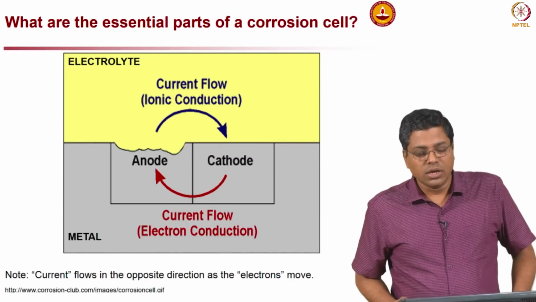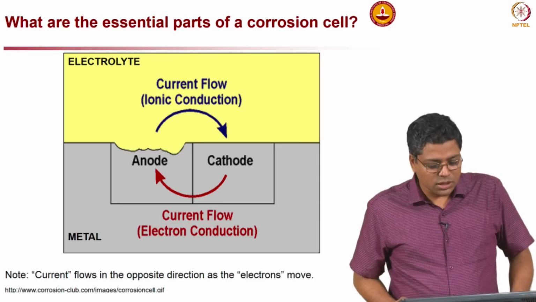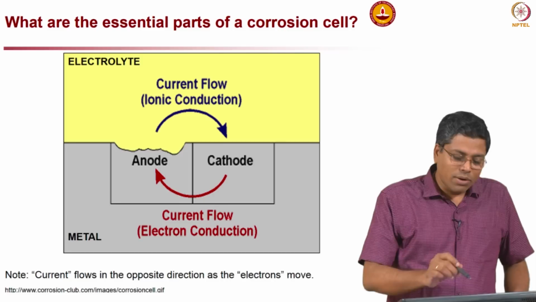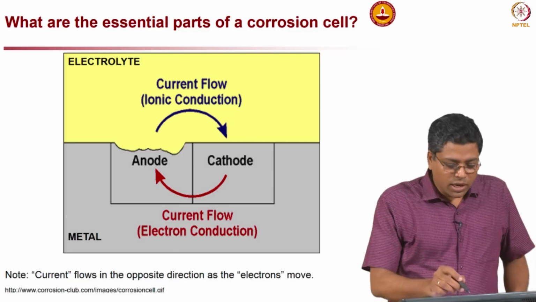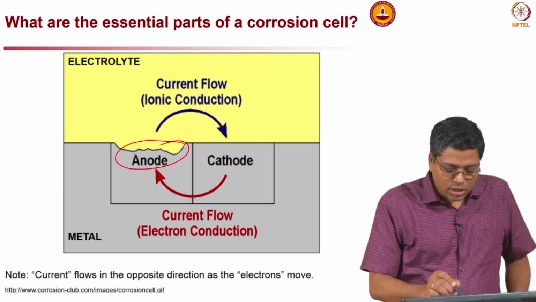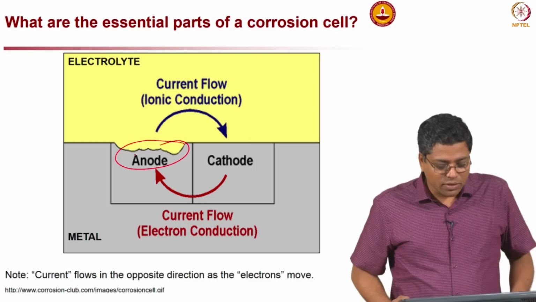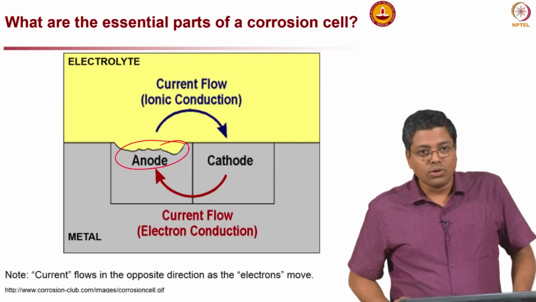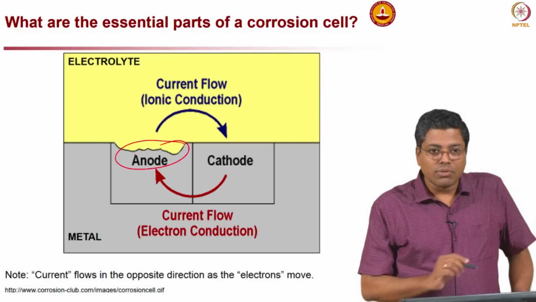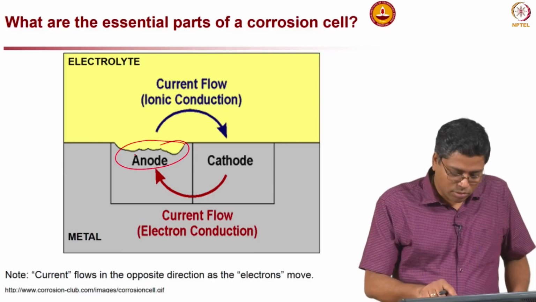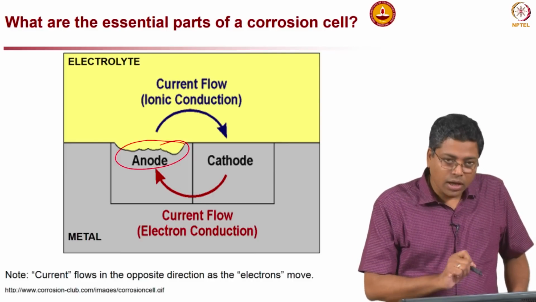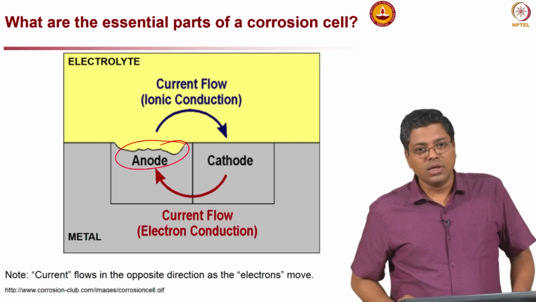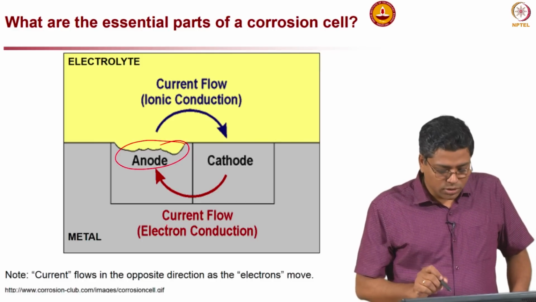Whenever you talk about any type of corrosion, especially in a reinforced steel concrete system or aqueous corrosion, you have to have these 4 elements. One is an anode, which is the part of the metal which is corroding, and the cathode, which is assisting the anode to corrode. Then you also have to have a conductive component which helps the electron charge, or the negative charge, pass from the anode to the cathode.